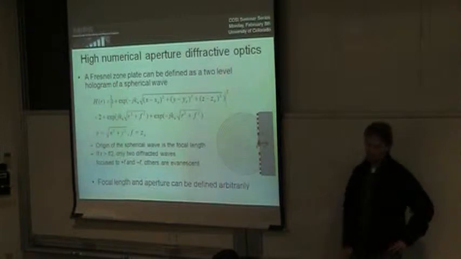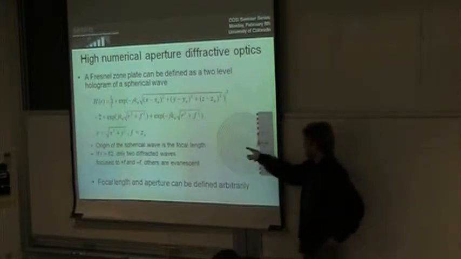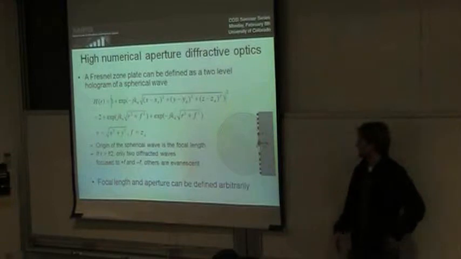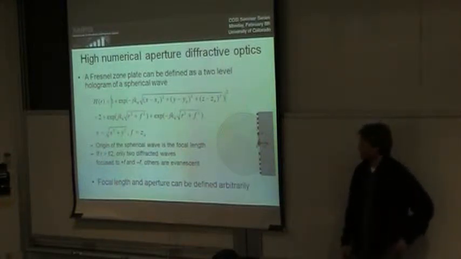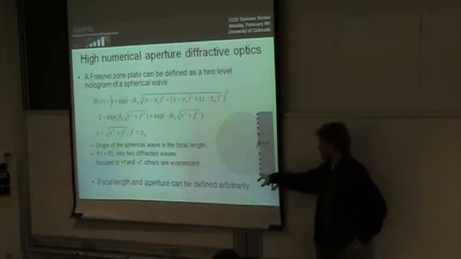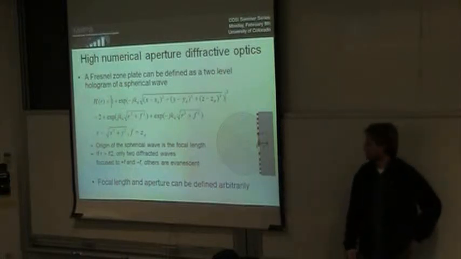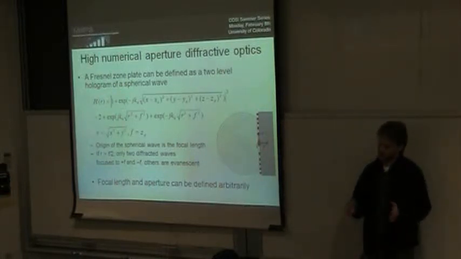The higher orders are evanescent, which makes the far field very clean. And because the focal length is very small and the numerical aperture is large, the lens has lots of power, so the diverging wave diverges very quickly and its intensity is low. And then additionally, if you make the zone plate have a pi phase shift, there's no zero order wave, and you just have these two: a very quickly converging wave and a very quickly diverging wave.